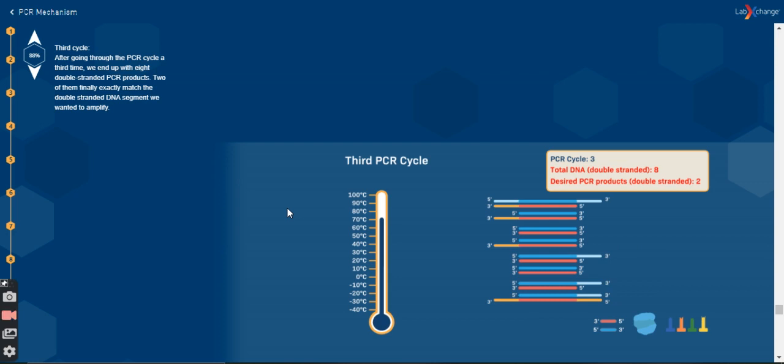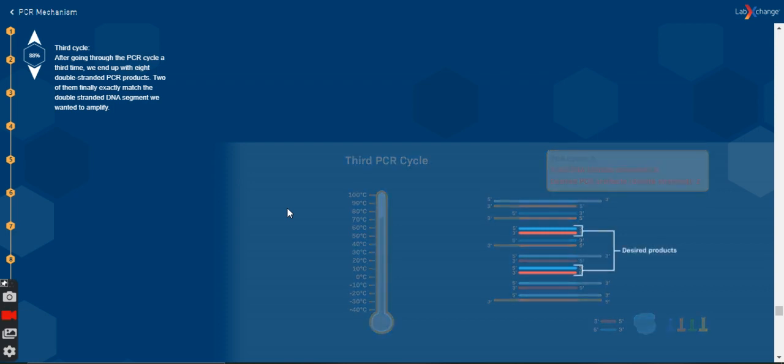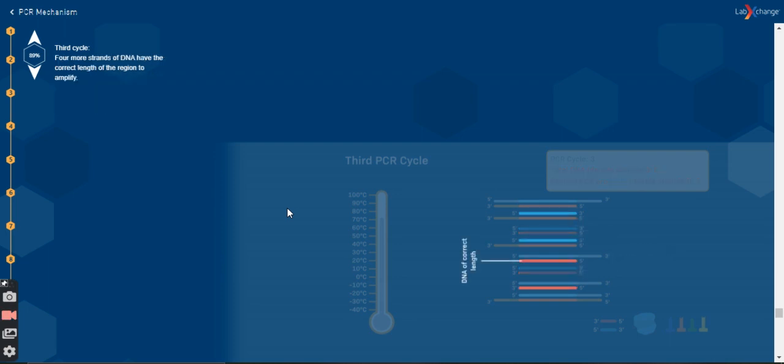After going through the PCR cycle a third time, we end up with 8 double-stranded PCR products. 2 of them exactly match the double-stranded DNA segment we wanted to amplify. 4 more strands of DNA have the correct length of the region to amplify.